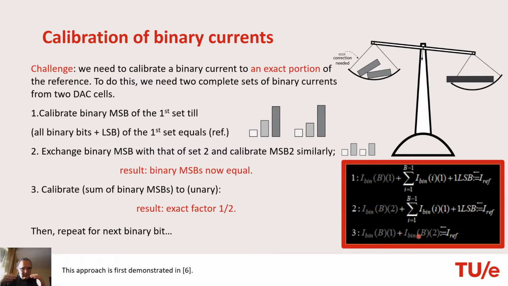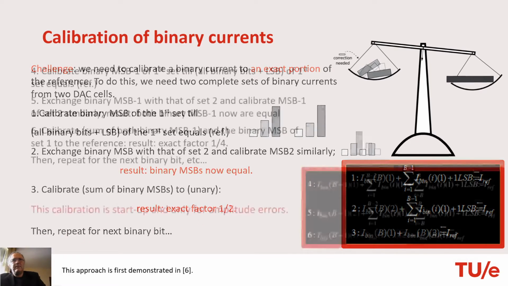If you change it simultaneously, you still keep both currents the same, but you change only their sum. And when their sum becomes equal to the reference, then each of them is equal to exactly half of the reference. So how to calibrate the next bit, MSB-1, is illustrated here.